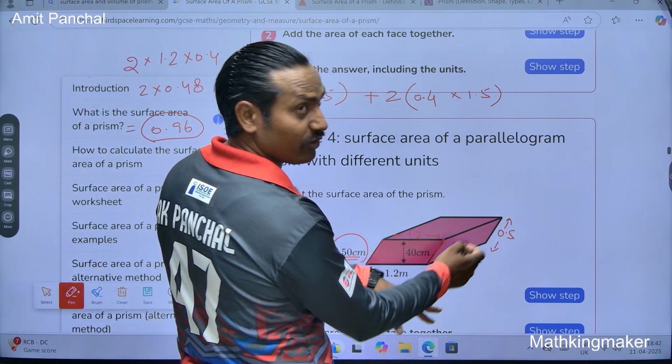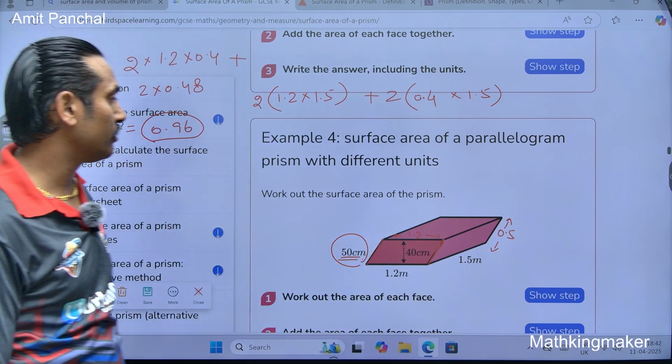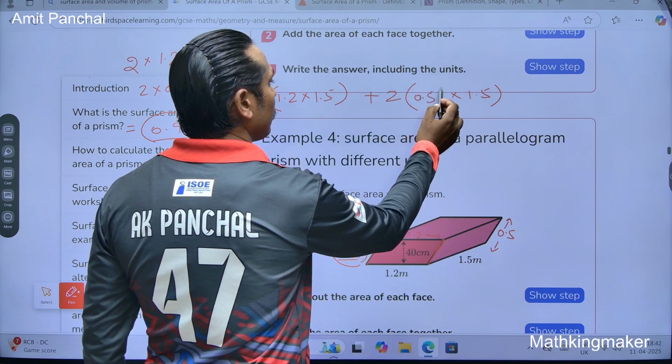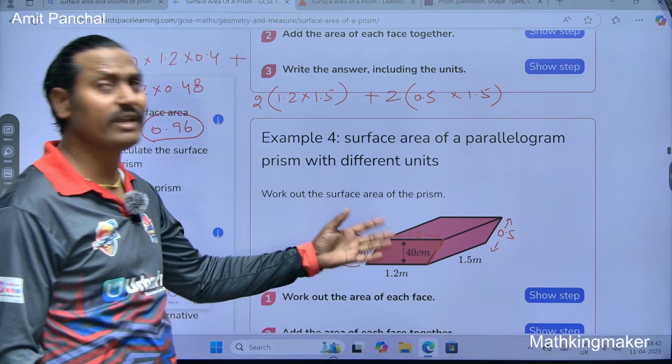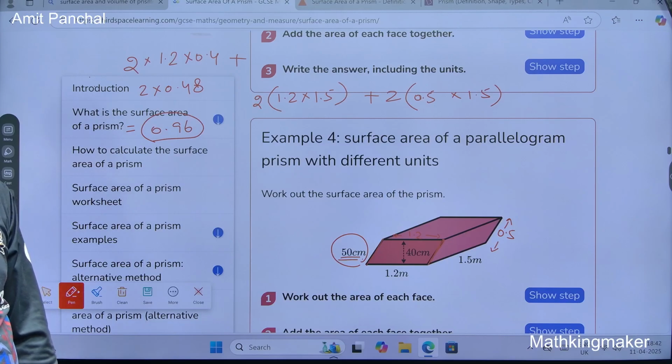It is not a parallelogram. The other sides are not parallelograms, these are rectangles. It is looking like a parallelogram, but it is not. Okay.